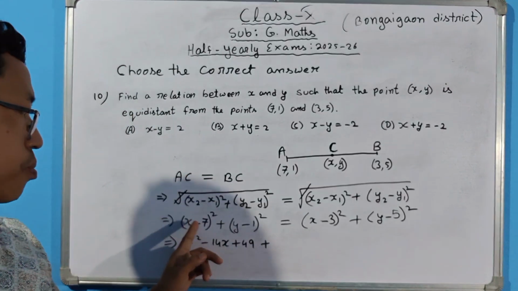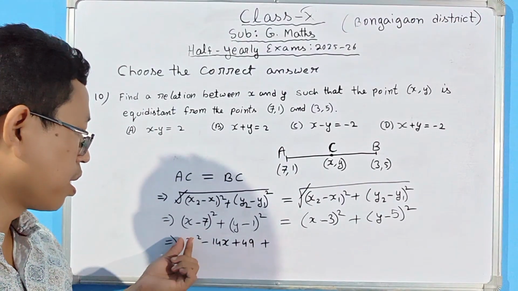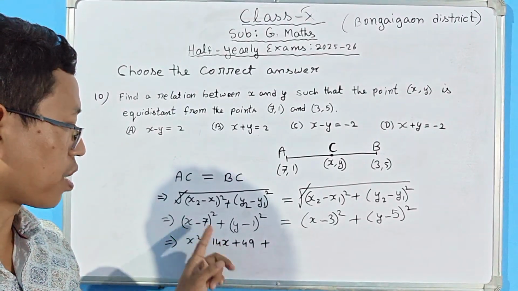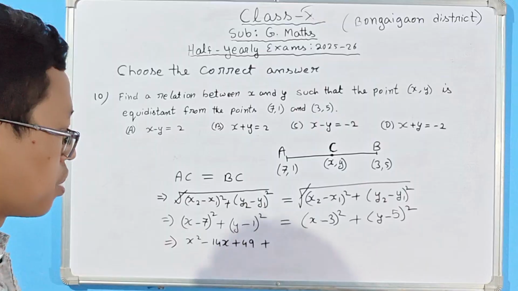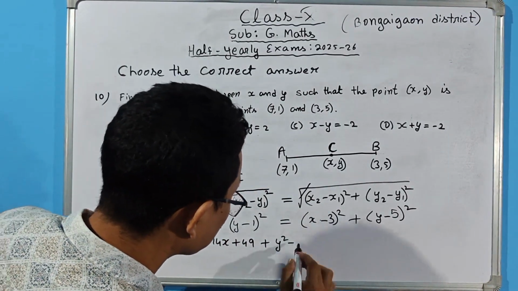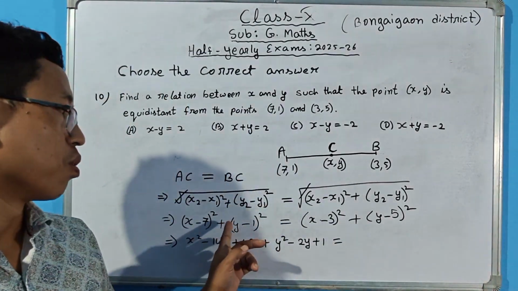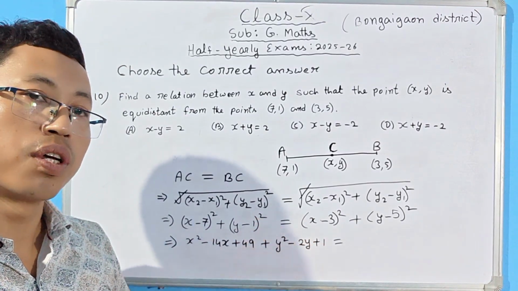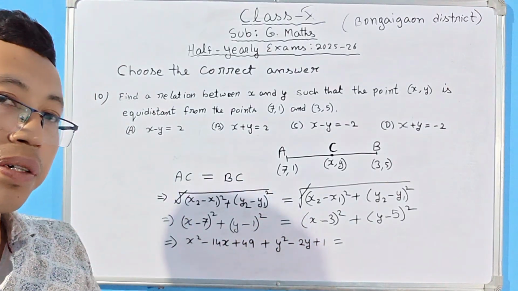As per the rule, (x minus 7) whole square, we get x square minus 14x plus 7 square, which is 49. So also here, (y minus 1) whole square equals y square minus 2y plus 1 square, which is 1. Clear?